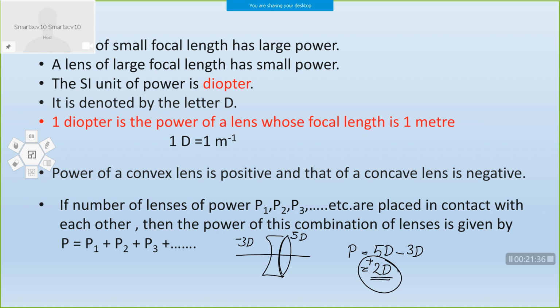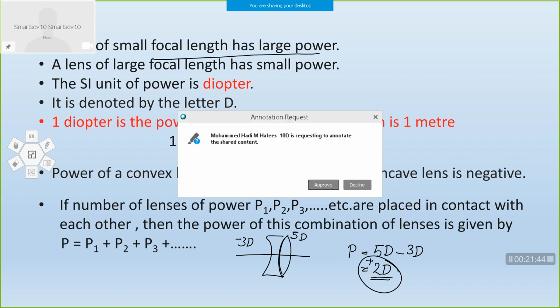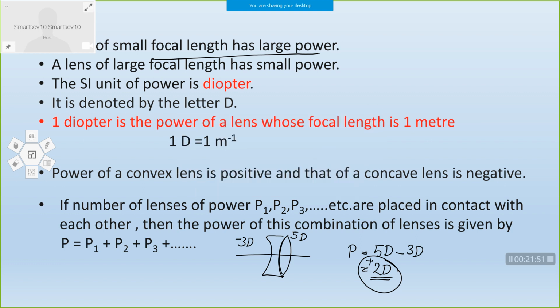Okay. So here we have discussed the relation between focal length and power. Focal length is inversely proportional to power. So a lens of small focal length has large power and a lens of large focal length has small power, and the SI unit of power is diopter.